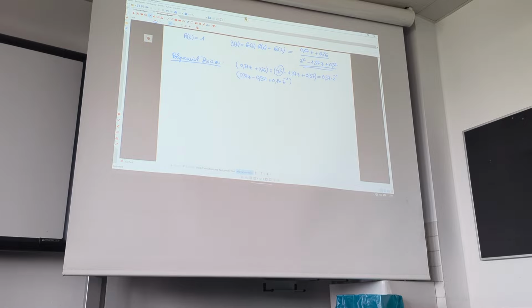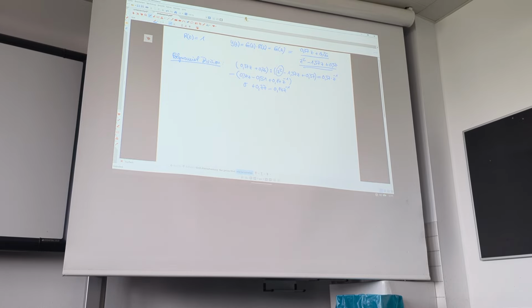Okay, and now we have to subtract this, like in a normal division, from our original numerator. And we get here a 0, and then 0.26 minus 0.51. So that's a plus, so plus 0.77, and then minus 0.14 z to the power of minus 1.